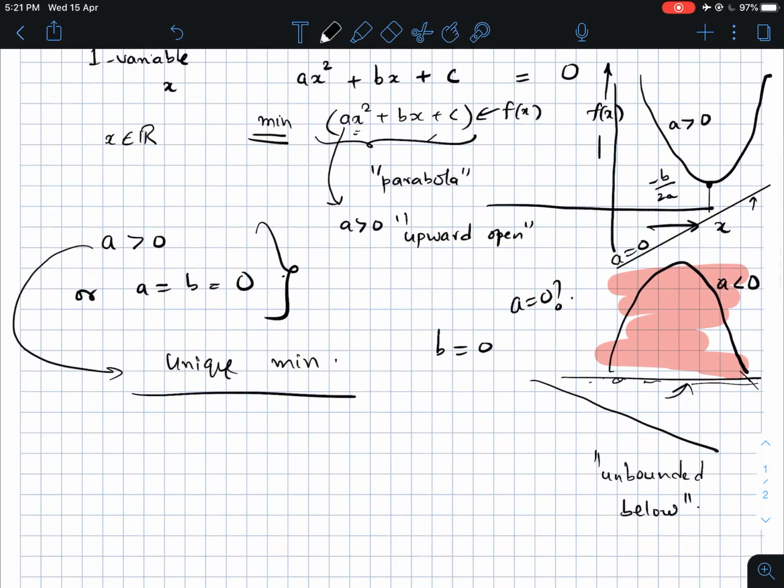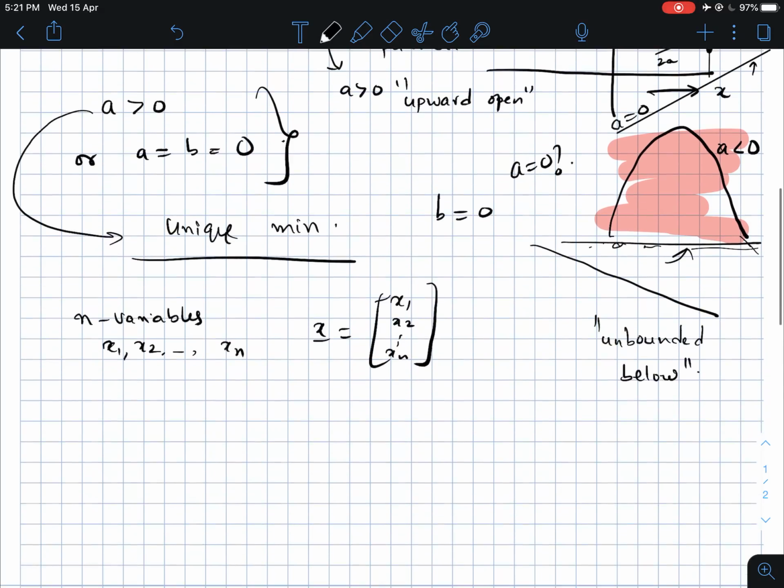Now, going through the analogy that I mentioned in the last class, let us write down a higher dimensional quadratic function. So, a quadratic function in n variables. The n variables are x1, x2, up to xn, and we write them as a vector x. Then a quadratic function is actually something like this.